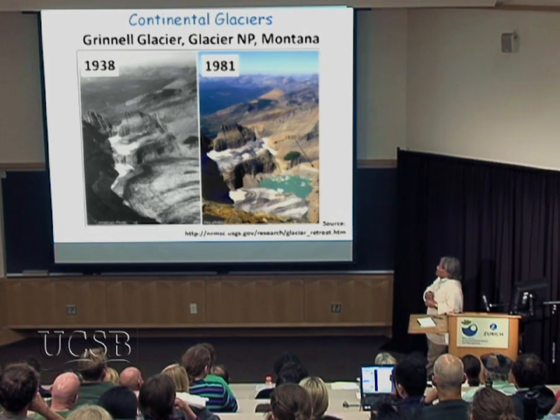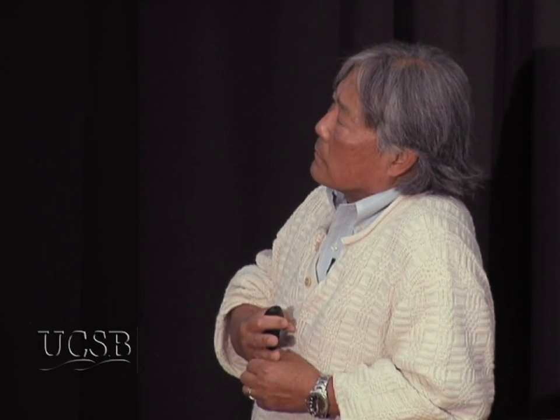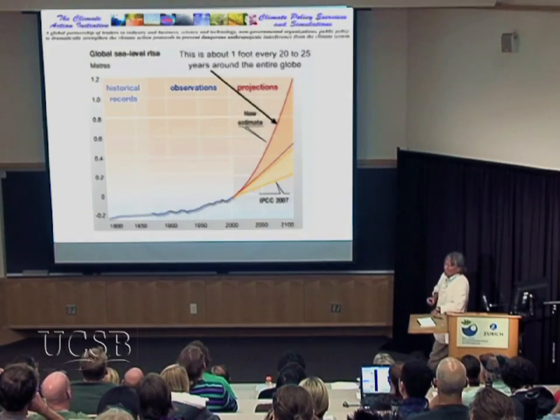And Dan Fagre, who we work with in our research project, provided some of these historic photos for us to look at, and it really hit home how rapidly these continental ice sheets are retreating, and causing issues related to sea level rise.